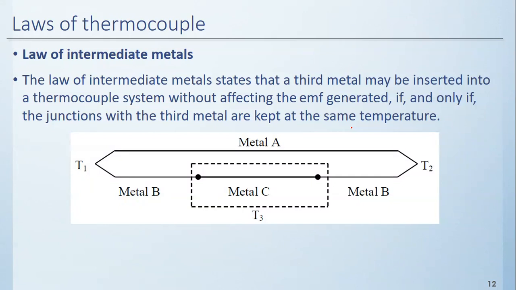This law is applicable in practical applications. You may need to introduce a measuring device into a thermocouple system, or you may need to solder or weld somewhere. So such material additions are possible.